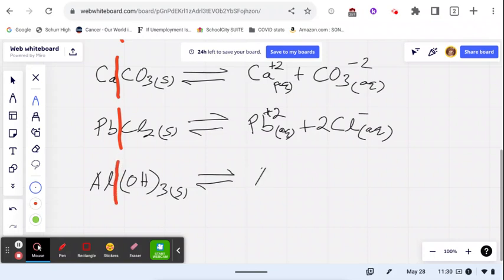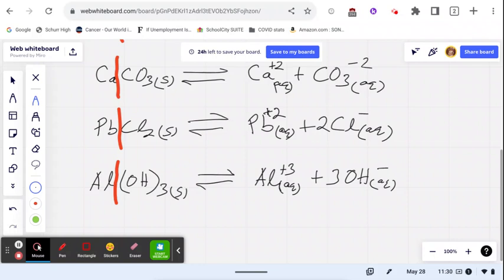We break it up into aluminum, which gets a +3 charge because it's in column 13, and then the hydroxide, a polyatomic ion with a -1 charge. Because of the three outside the parentheses, we put it out front. So aluminum hydroxide breaks up into aluminum ions and hydroxide ions. And that's how you do those.